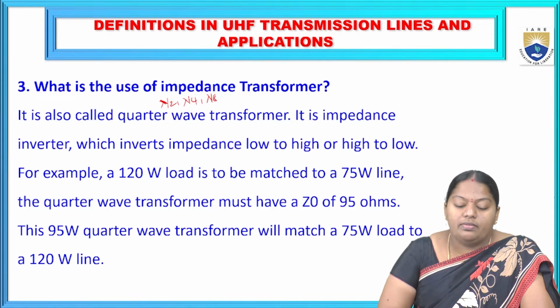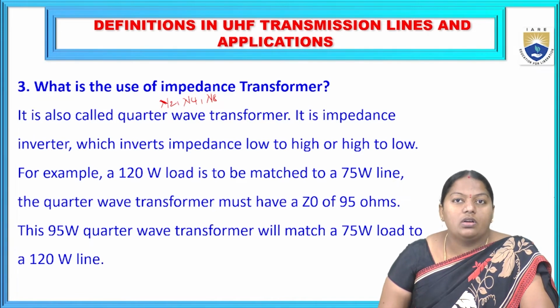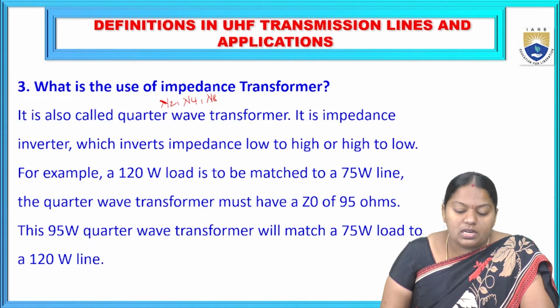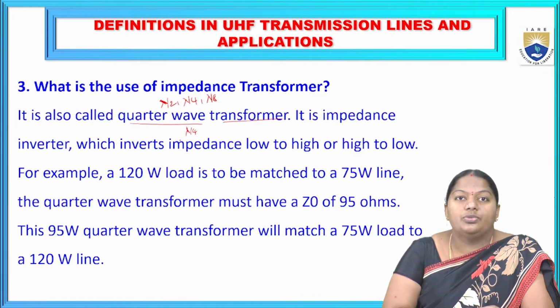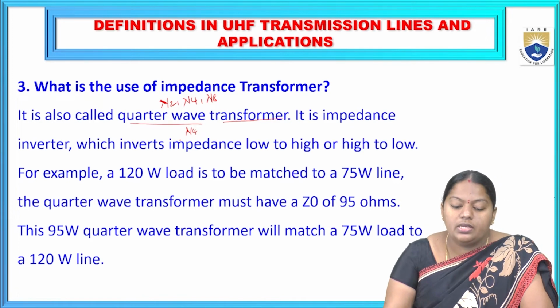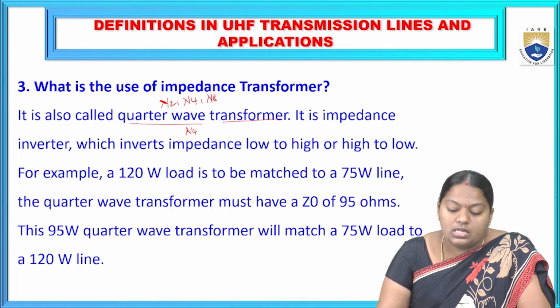These are the half wavelength line, quarter wavelength line, and eighth wavelength line. The impedance transformer is called a quarter wave transformer because the length is lambda by 4.